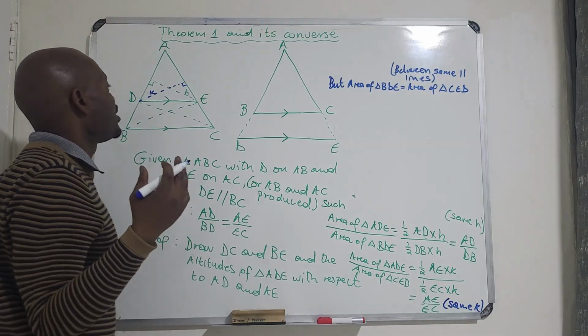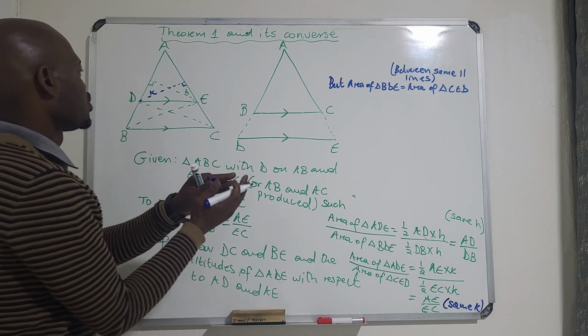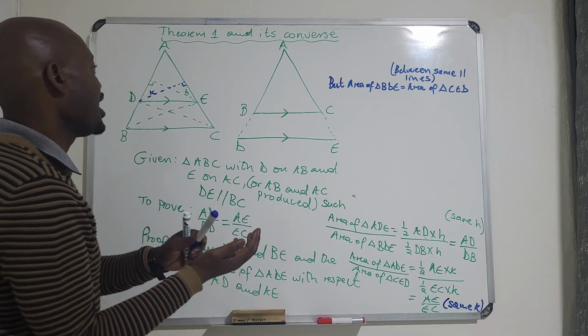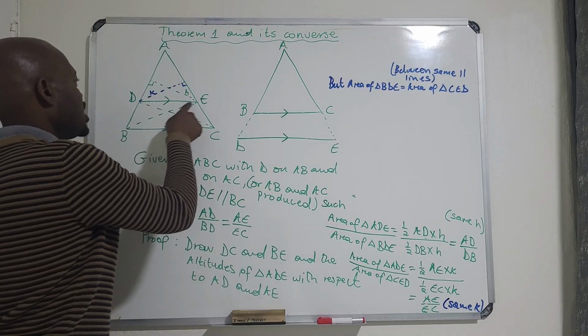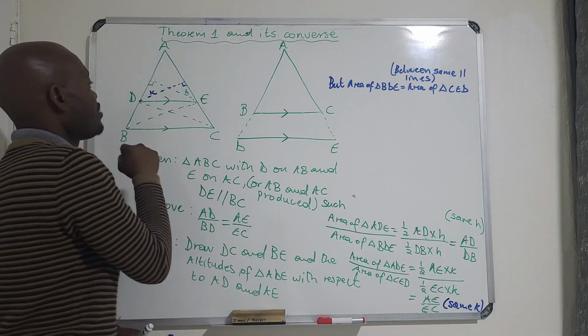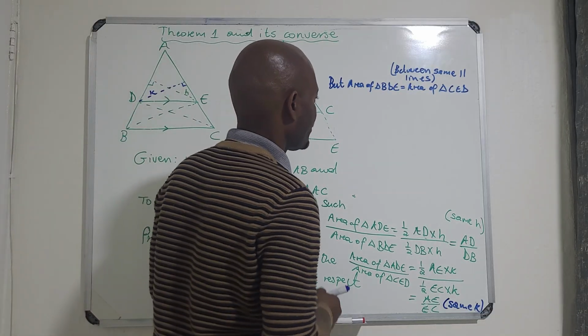We still remember when we started with part 4 that two triangles which have the same height and the same base have the same area. Therefore, since they are between two parallel lines and they've got the same base, the two triangles are equal.